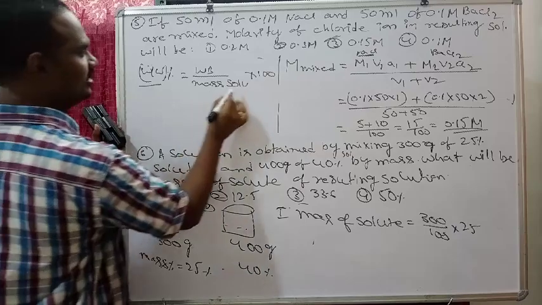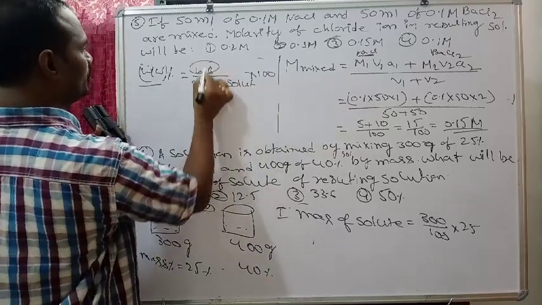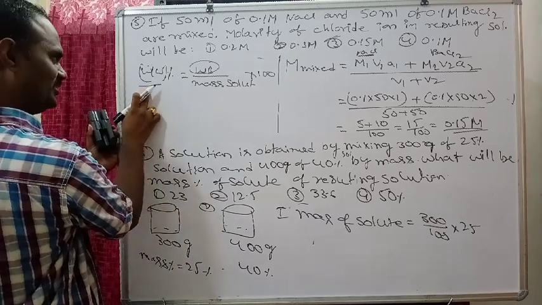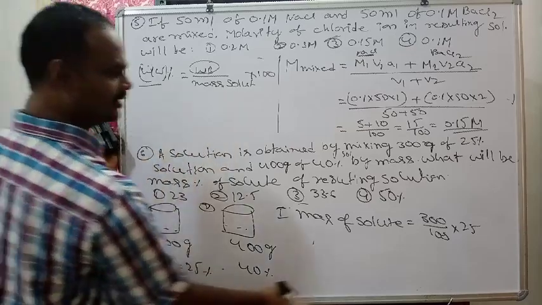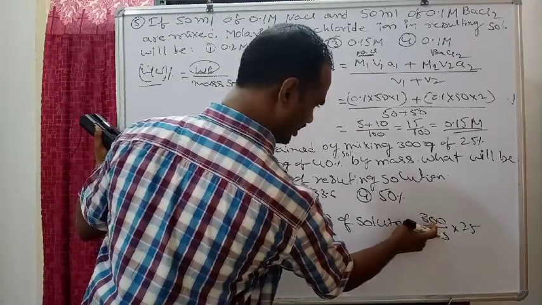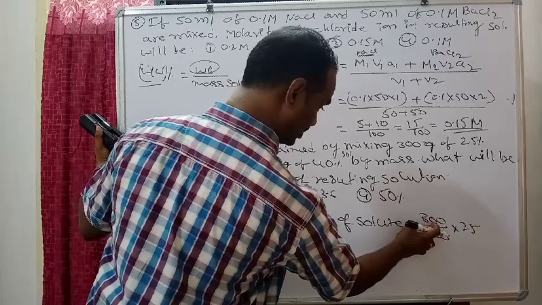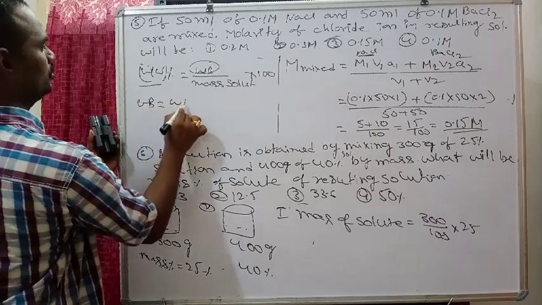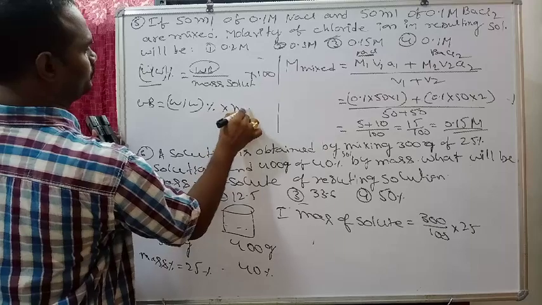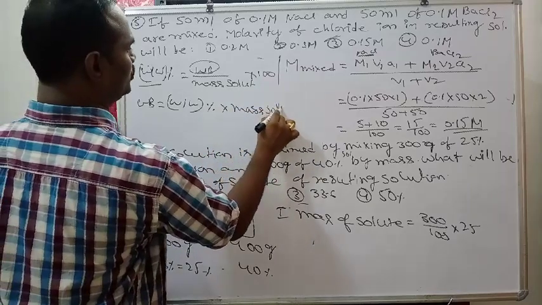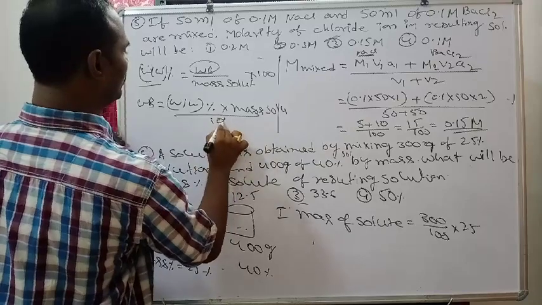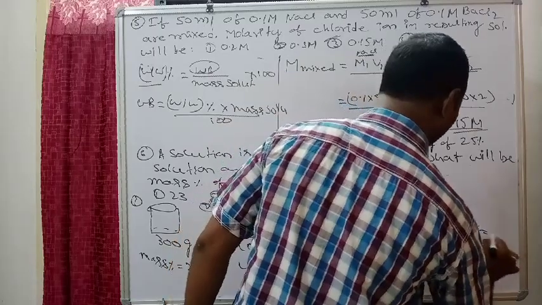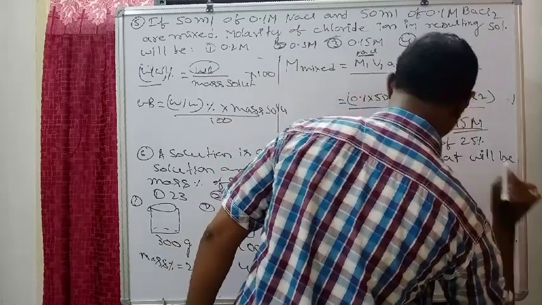Here mass percent and mass of solution are given, and we want mass of solute, so we separate it: mass of solute equals mass percentage into mass of solution by 100. Based on this I wrote it. So how many times will it go? 3 times. 3 into 25, 75 grams.